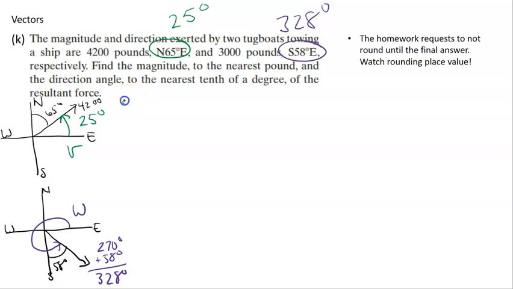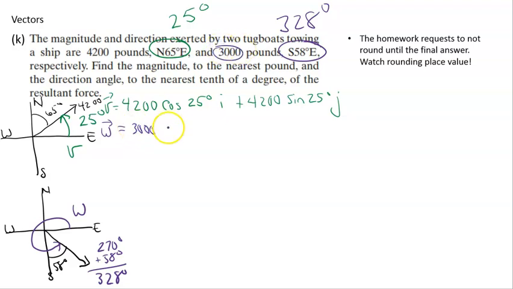So we have 4,200 times the cosine of 25 degrees i plus 4,200 sine of 25 degrees j. Okay, that is my vector V. And then in purple, I got my vector W, which is equal to 3,000 cosine of 328 degrees i plus 3,000 sine of 328 degrees j.